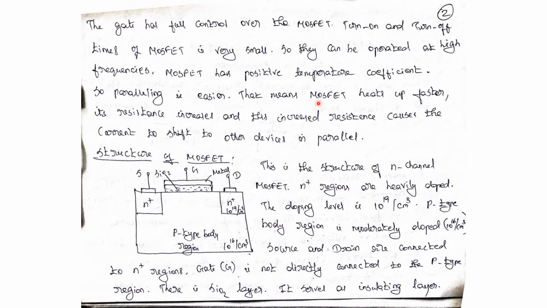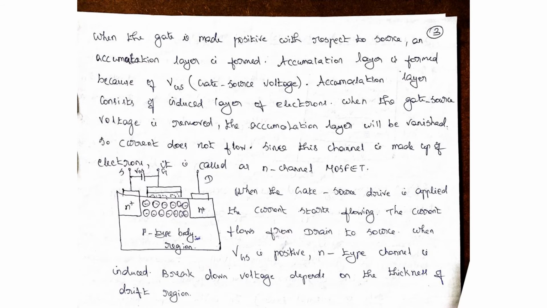When we make the gate source voltage positive, I mean we are applying positive voltage to the gate, gate is positive with respect to source. Then an accumulation layer of electrons will be formed, and this will come to the drift region. Already we know in the drift region some holes are also there, so electrons and holes form pairs.